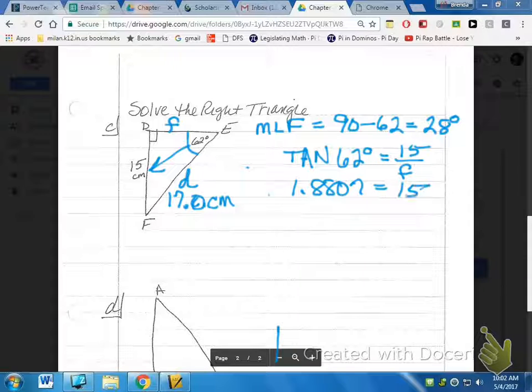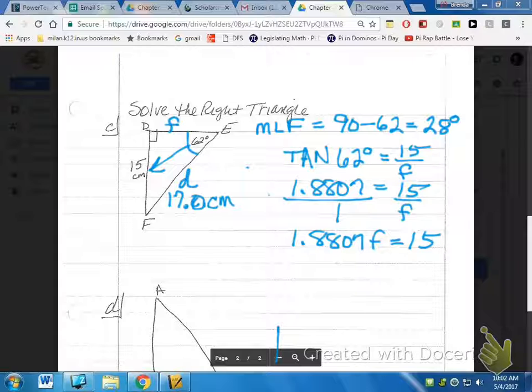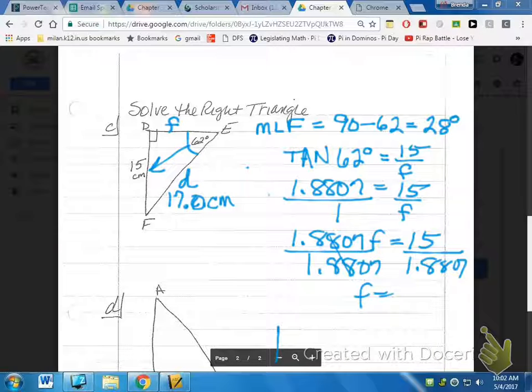And that equals 15 over F. Put this over 1 and I cross. So 1.8807F equals 15. Solve for F by dividing both sides by 1.8807. And F would equal 15 divided by 1.8807. And it would be 7.975.